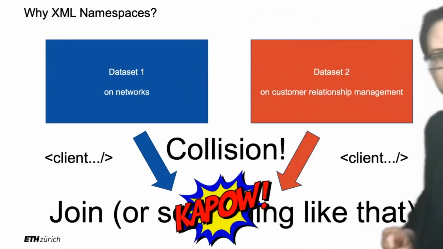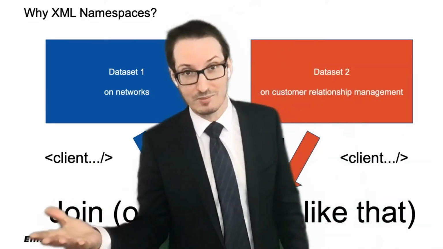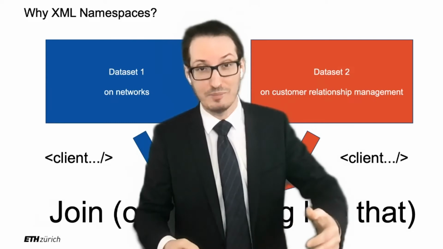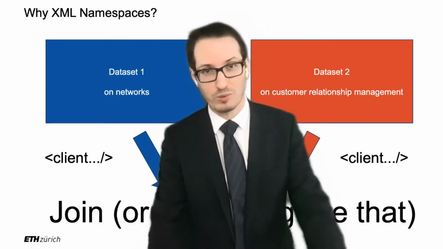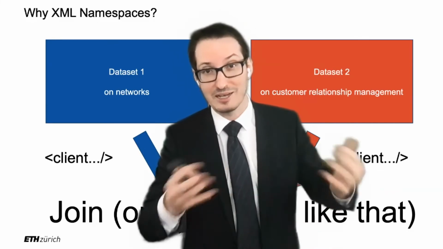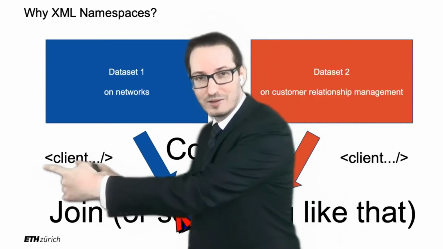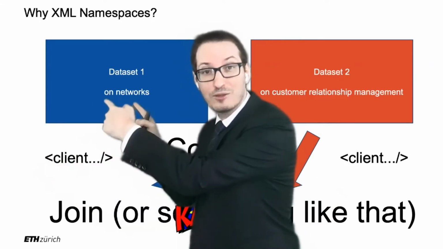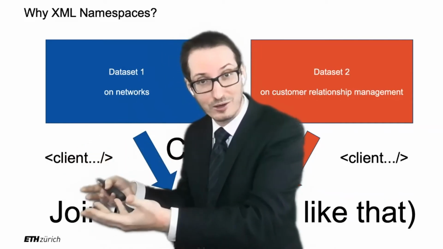Now, it might be that the first data set is on computer networks, right? It's a computer network data set, maybe, I don't know, with software design networks or whatever. And then there are of course clients and servers in networks, right? So maybe you're going to have tags like this that are called client, and they mean a network client, means a machine that connects, for example, to a REST API or anything.